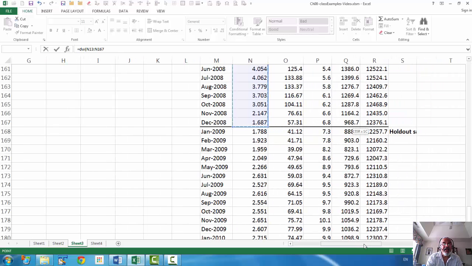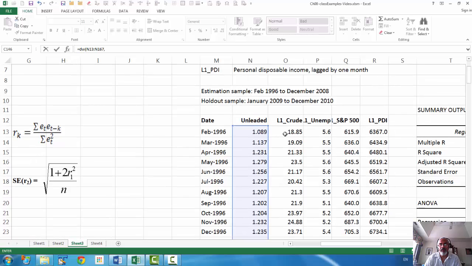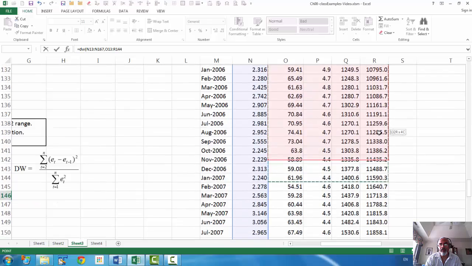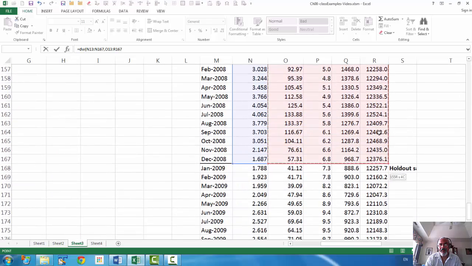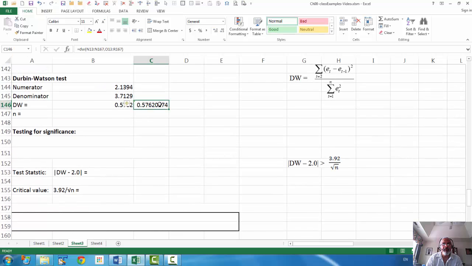The second range is all the X columns used in the regression analysis. Here we used these 4 X columns, so we have to include all of them. If they are not together, then you have to put them together. Then we have the Durbin-Watson statistic, and as you see, it's the same number. So you need to be able to do this in both ways.